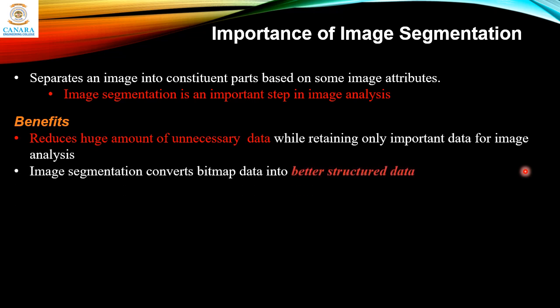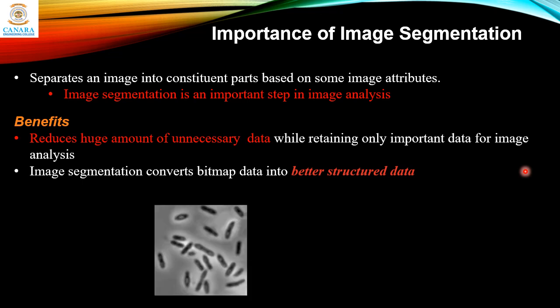And then this segmentation basically converts bitmap image into a better structured data, which makes it easier to be interpreted. So here is the example. So here is an image, and we just want to identify a particular object in this. So we'll segment it out.